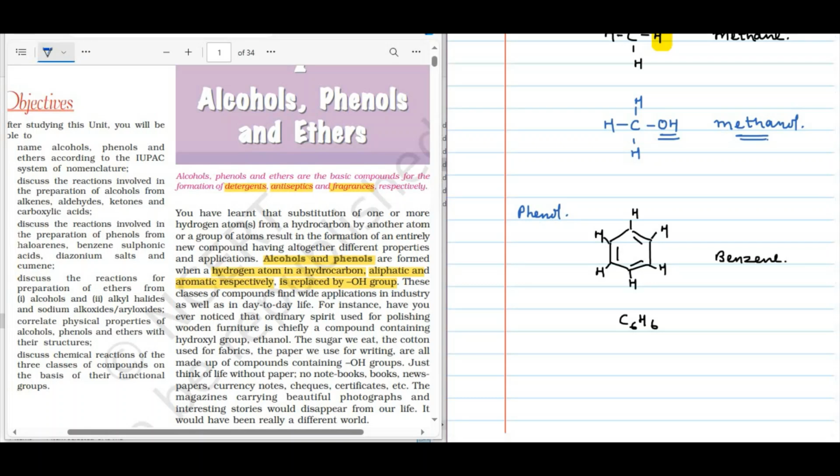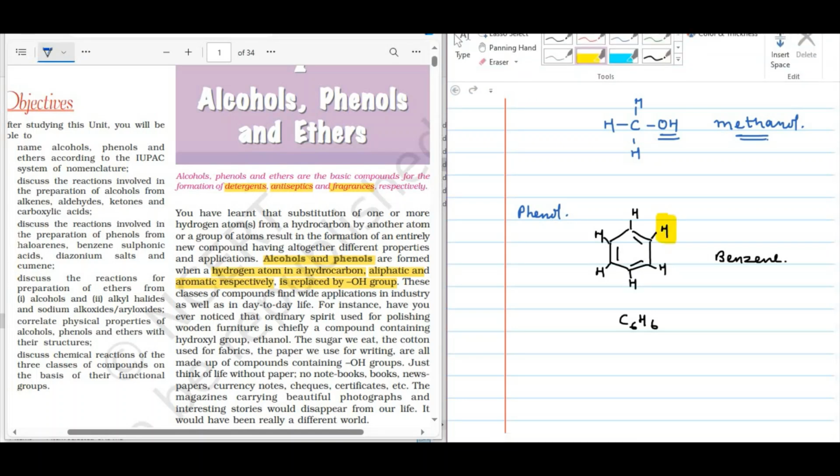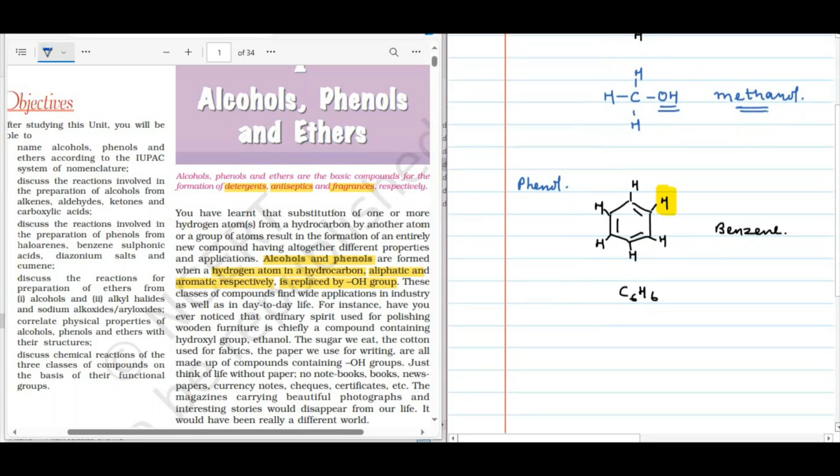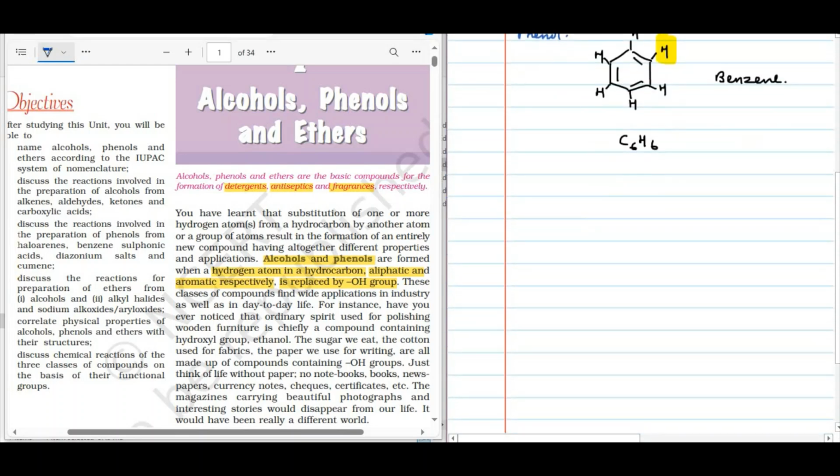So when we replace one of the hydrogens of benzene with OH, here I am going to replace this hydrogen with OH. So let's draw the structure. This is benzene, where alternate single and double bonds are there.